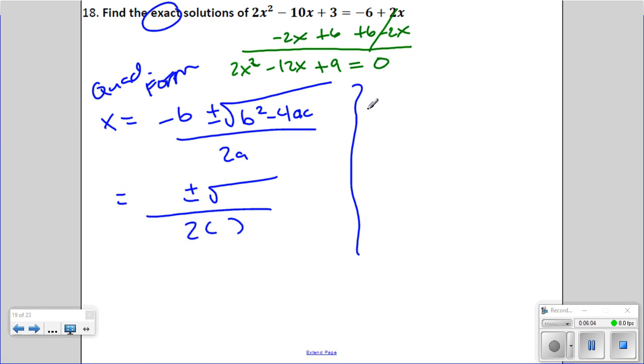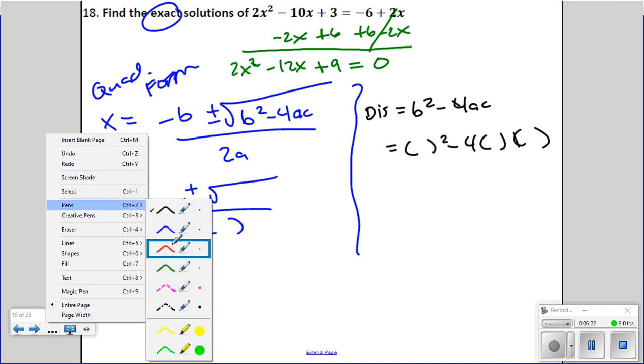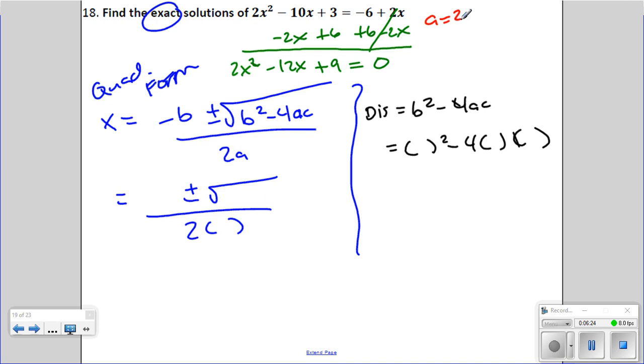The discriminant, again, is always b squared minus 4ac. So let's establish our a, b, c's. a is 2, b is negative 12, c is 9. Negative 12 squared is 144.